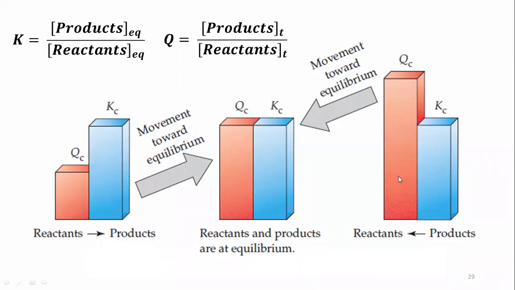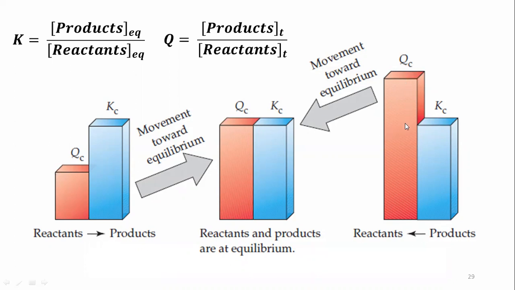So the third condition may be when the value of QC is more as compared to the value of KC. If you have understood the previous condition, this is similar, because KC is your target, and only QC has to be decreased up to the level of KC.